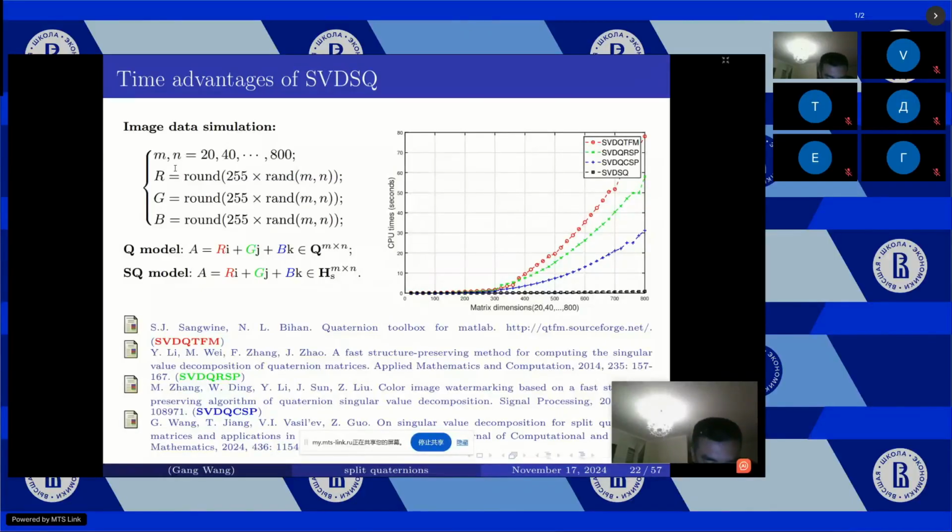The x-axis represents the size of the pixel matrices, and the y-axis indicates the time taken for computation.